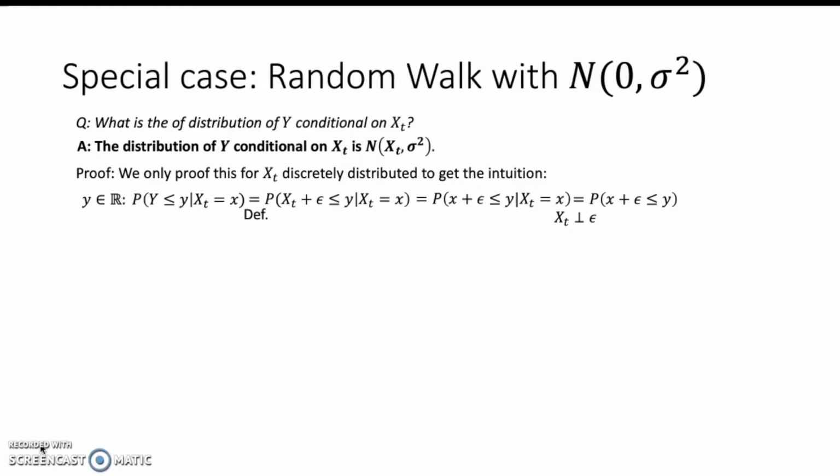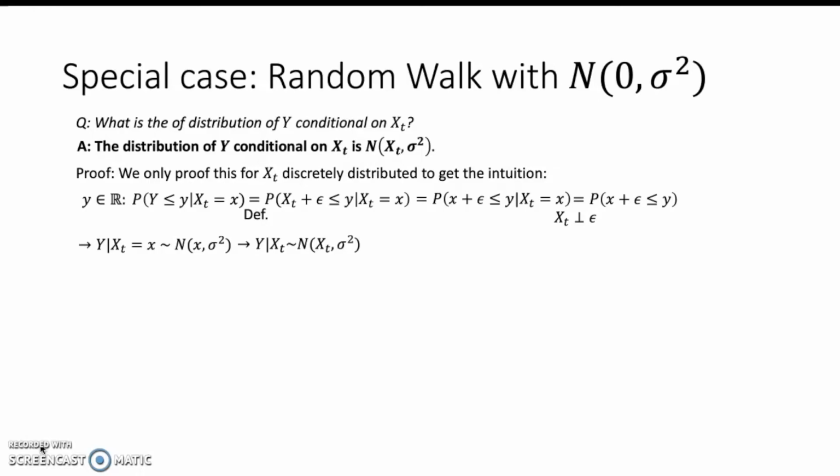And then we leverage the shift property of the normal distribution, which gives us that Y given x_t equals x is normally distributed with mean little x and sigma squared. And so if we just replace x_t equals x with just x_t, we get that Y conditional on x_t is normally distributed with the mean we proposed and sigma squared.